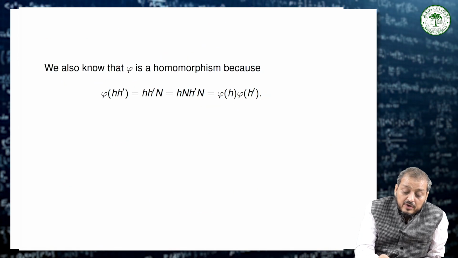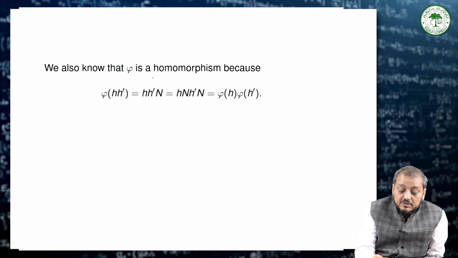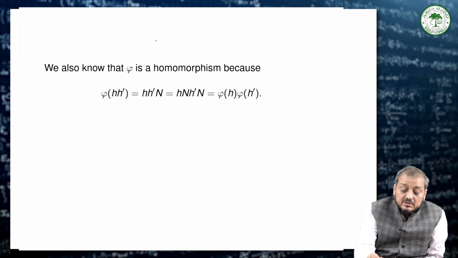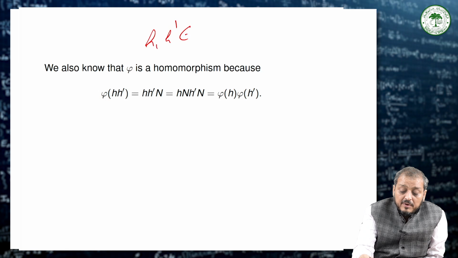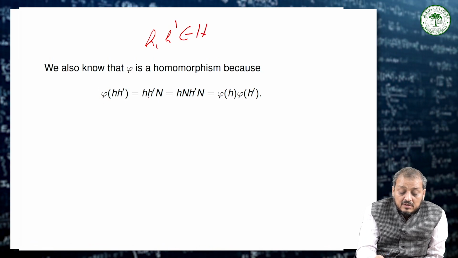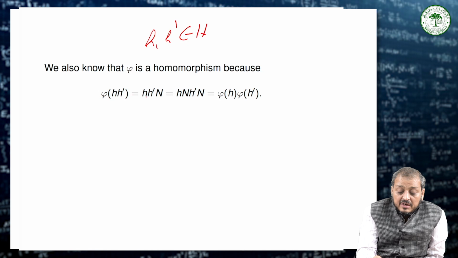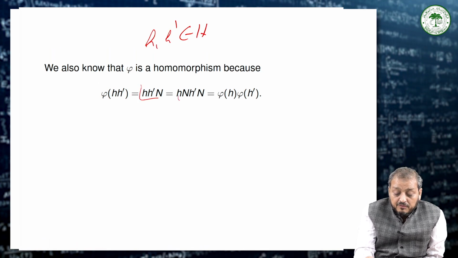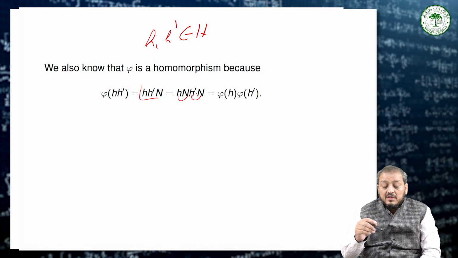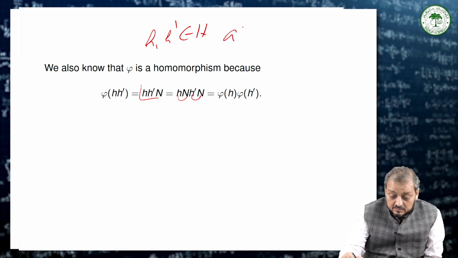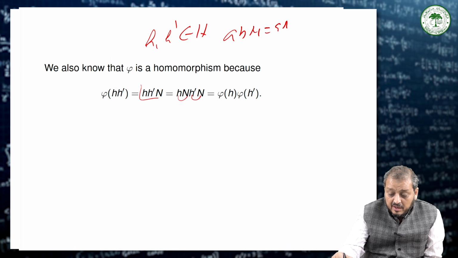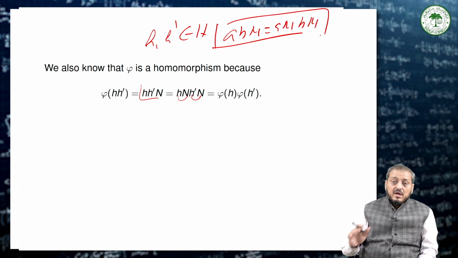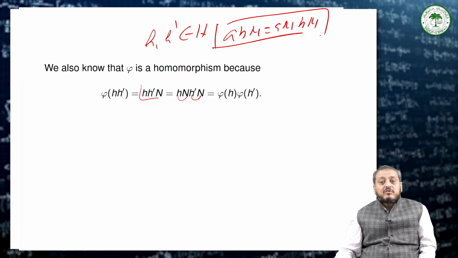Okay, so now we try to show that this phi is a homomorphism, and then we take two elements h and h' belonging to H. So phi of hh' now by the definition can be written as hh'N, and then hN h'N, by the defined map of a quotient group.